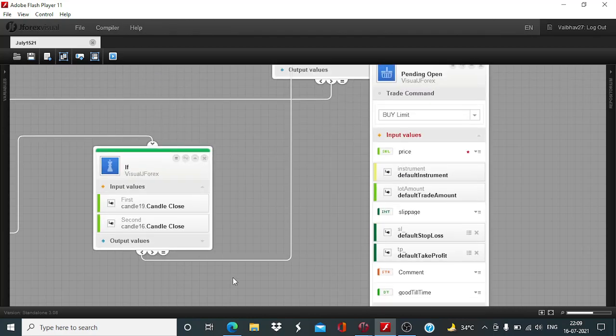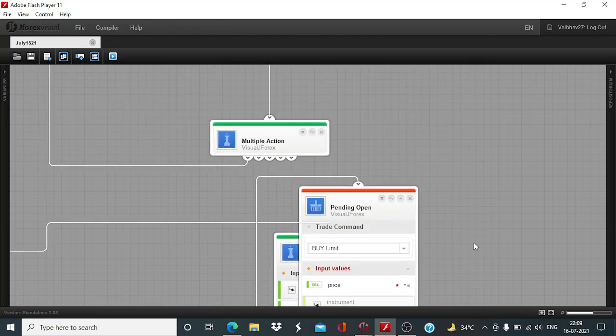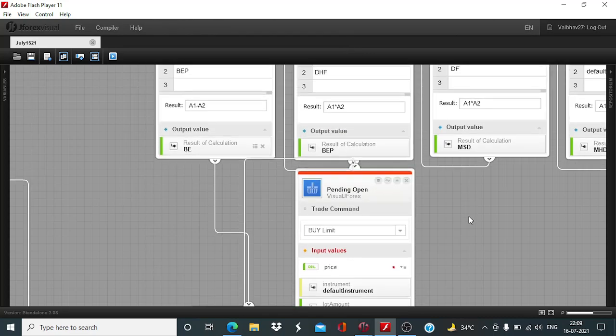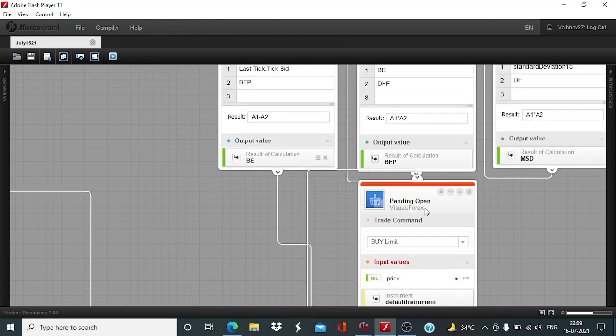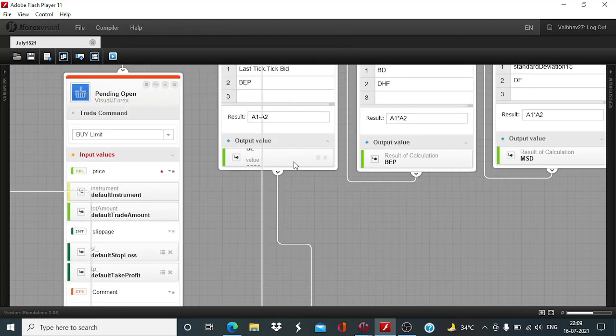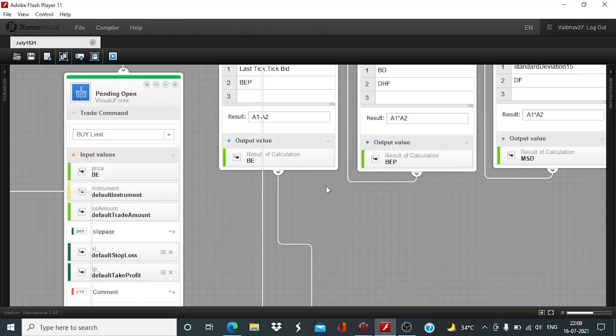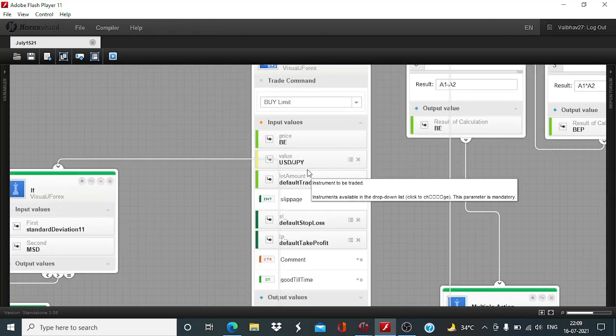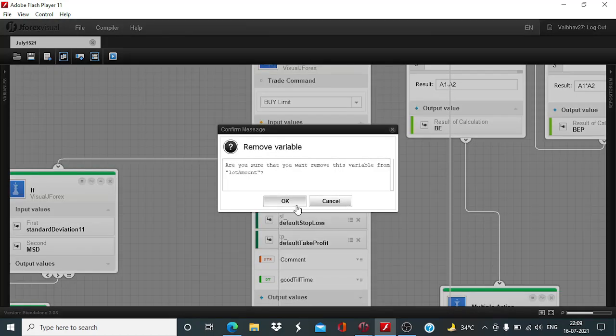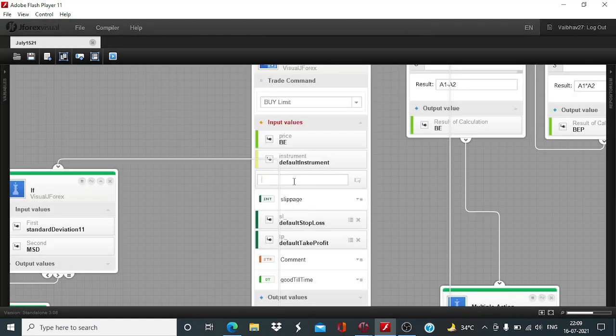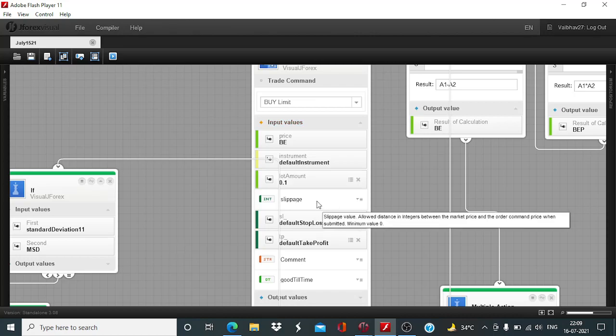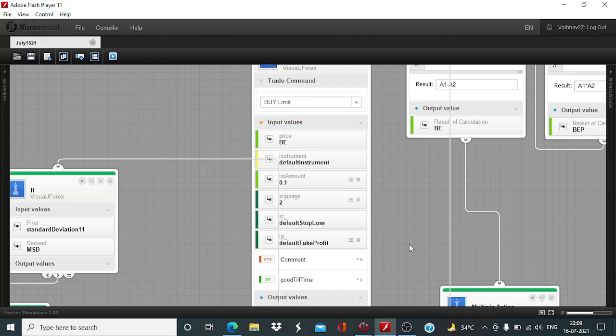Price we have already defined. Default instrument remains as it is. Trade amount I will change to 0.1 million. Slippage is going to be 2 pips.